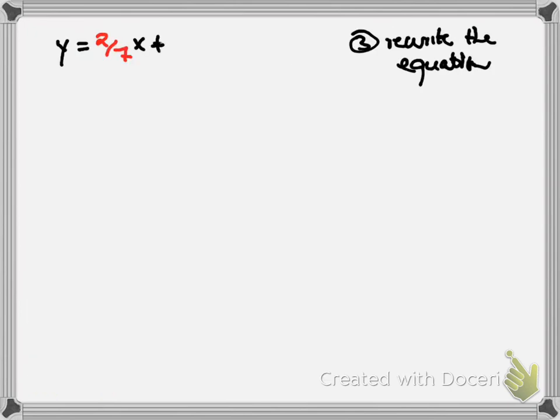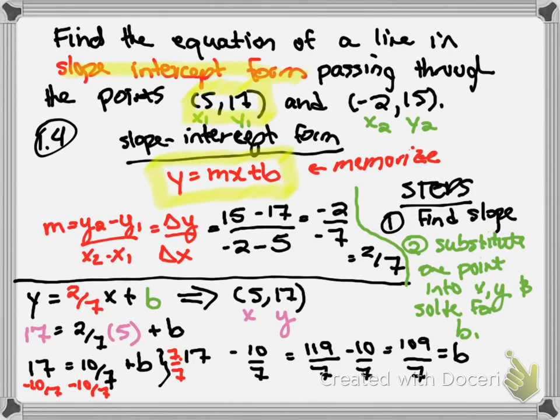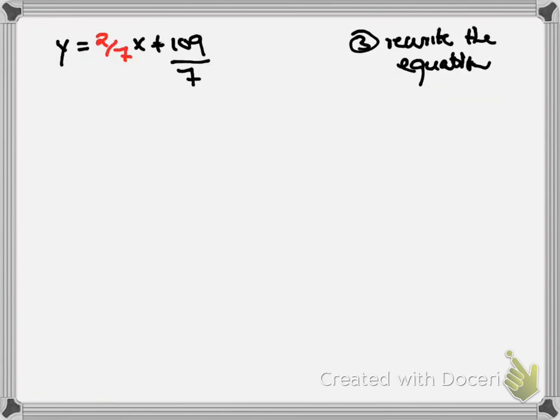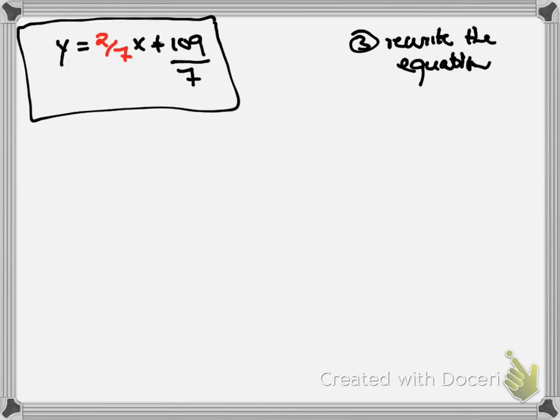Again, I could be wrong, but I don't think you can reduce that. 109/7. Let me go back one more time, just double check the math here. Okay, yep, it should be positive. So this would be my final answer. And again, remember this is your slope, and this is your y-intercept.